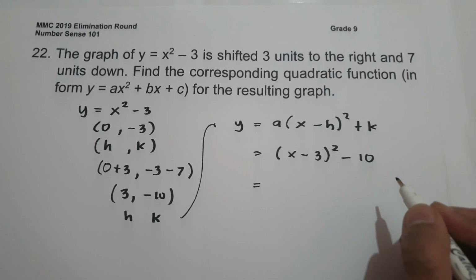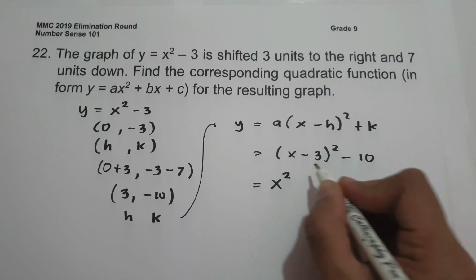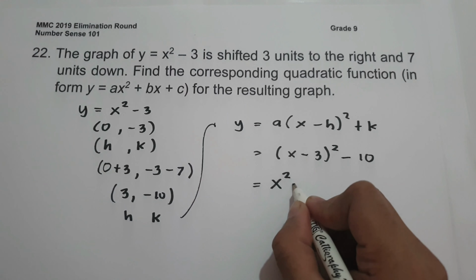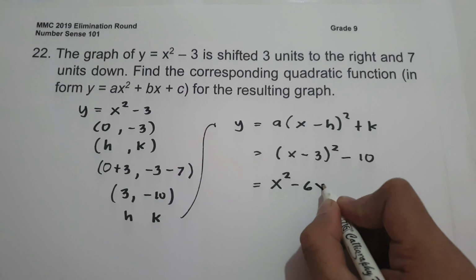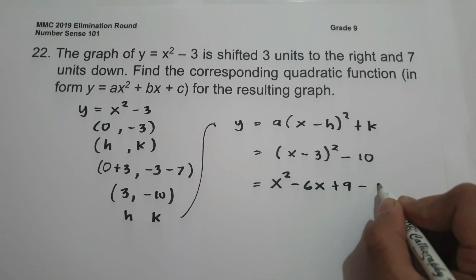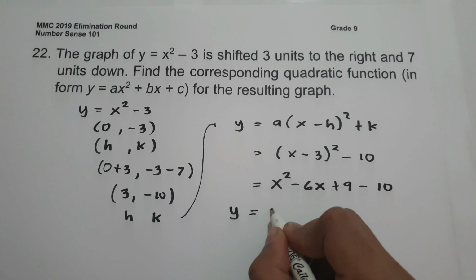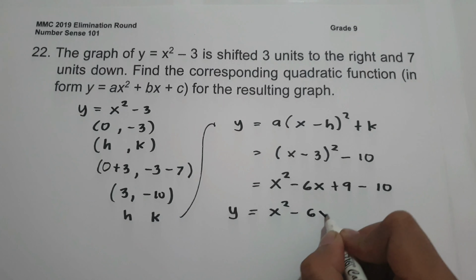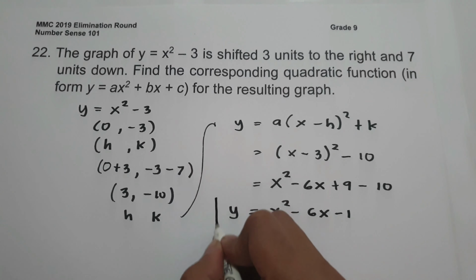To simplify, x multiplied by itself is x squared, and then x multiplied by negative 3 is negative 3x, times the constant 2, that is negative 6x. Negative 3 multiplied by itself is positive 9, minus 10. So our answer will be y equals x squared minus 6x, 9 minus 10, that is negative 1. And this will be our answer.